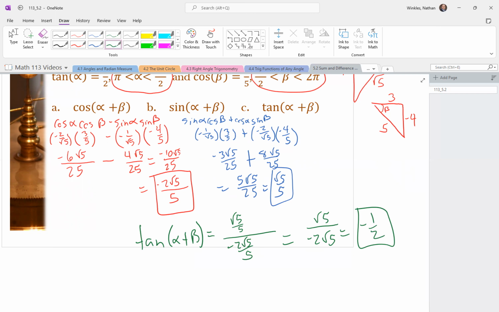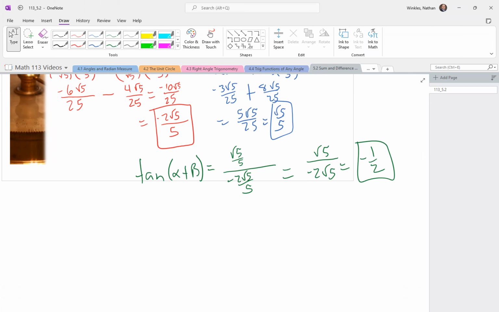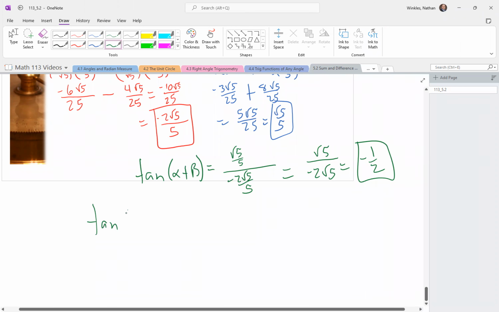So the other way that we could do this is if we use our formula. So tangent of alpha plus beta is tangent of alpha plus tangent of beta over 1 minus tan alpha tan beta.